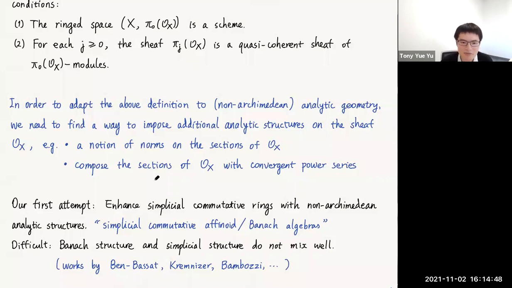But it's very difficult to do, because this topological or Banach structure and the simplicial structure just do not mix very well. And there are recent works by Ben-Bassat, Kremnizer, Bambozzi for studying these kinds of objects.